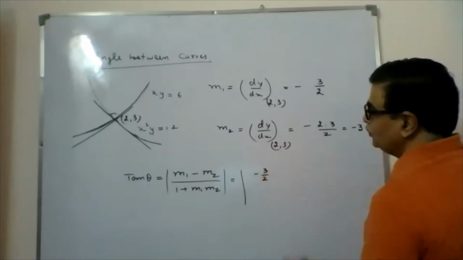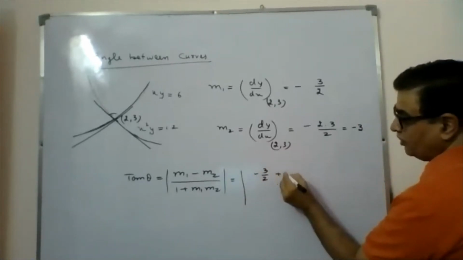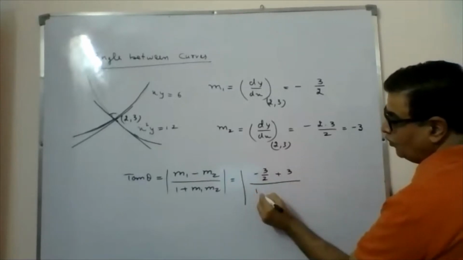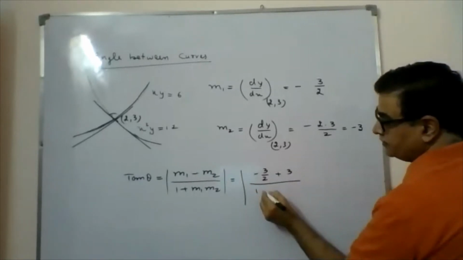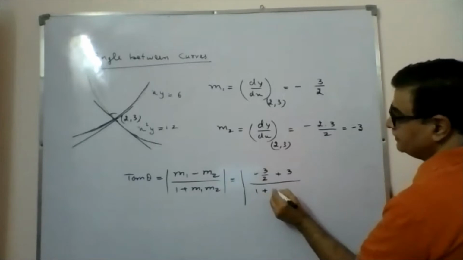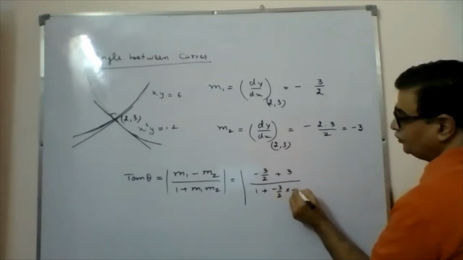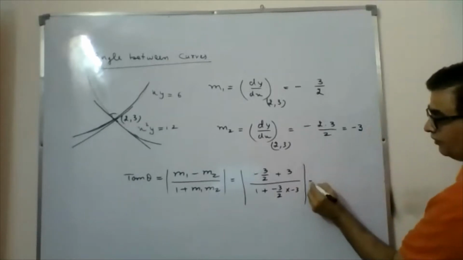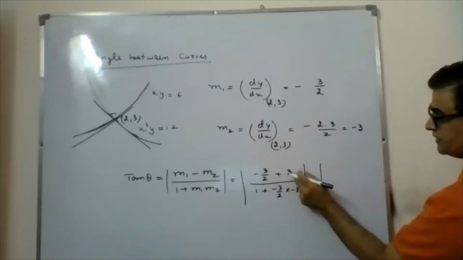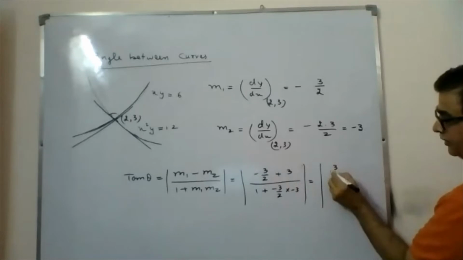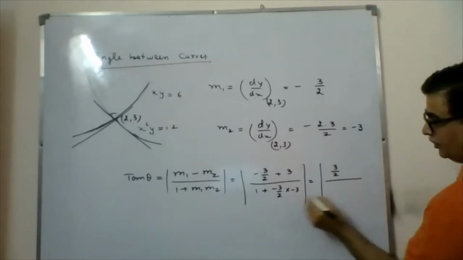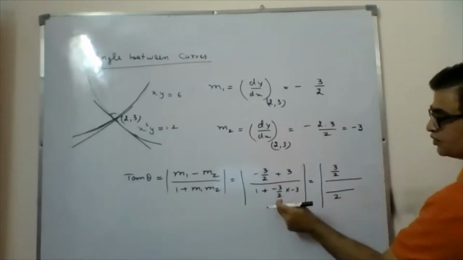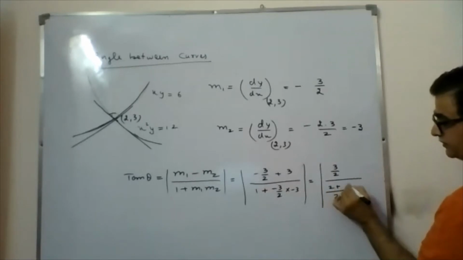Minus 3 by 2 plus 3, by 1 plus m1 m2, which is minus 3 by 2 into minus 3. Now when you solve it, it will come 3 to the 6, so the numerator is 3 by 2. The denominator, 2 is the LCM, so it will be 2 plus 9.